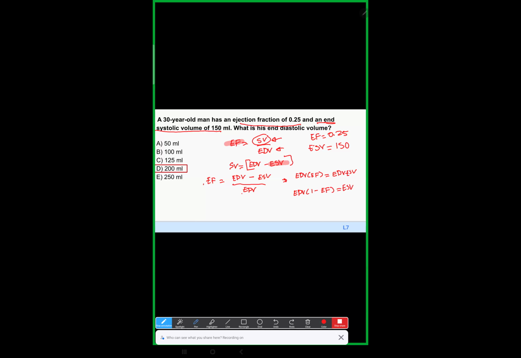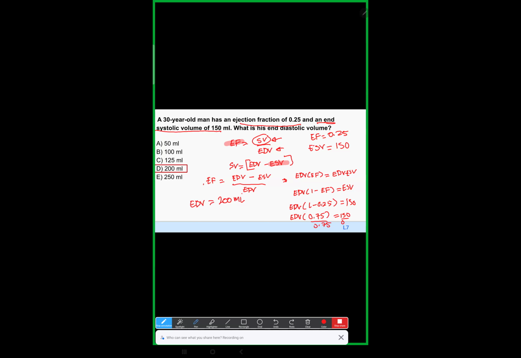And if we substitute the values, EDV times 1 minus 0.25 is equal to 150, and basically EDV times 0.75 is equal to 150. Then we divide by 0.75 on both sides, and we find out that EDV is equal to 200 milliliters.